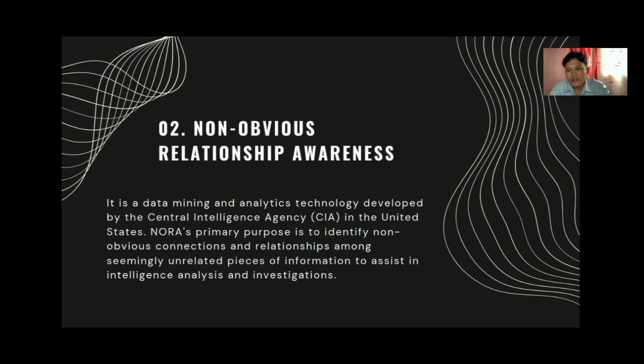Its impact on investigations and counterintelligence efforts is truly remarkable. However, it is important to note that due to the sensitive nature of NORA and intelligence community operations, specific details about its implementations and techniques are not publicly disclosed. The exact workings and capabilities of NORA are classified and protected for security reasons.